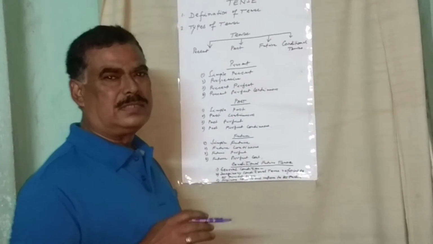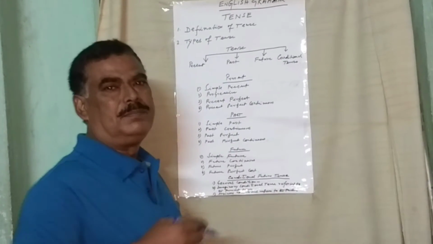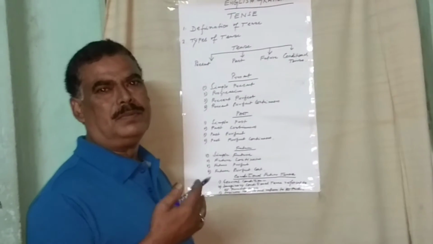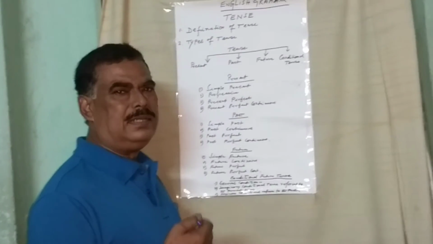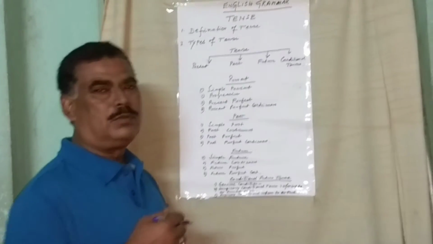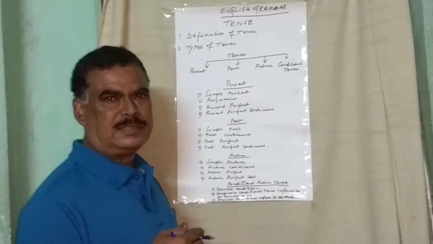However, conditional future tense is there. Now we'll discuss simple future. What is simple future? It means what will happen in the near future. For example, I shall go to school today and he will come to my house.